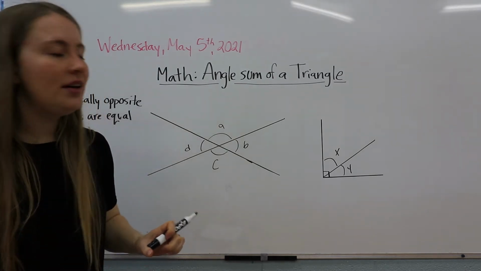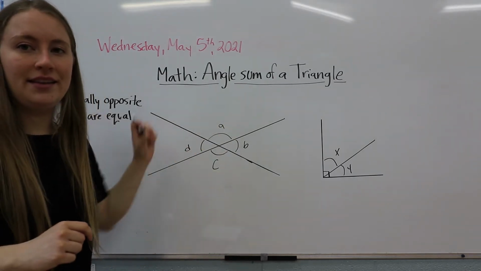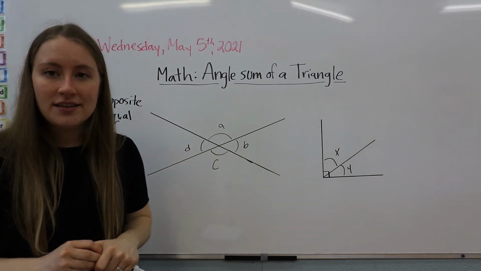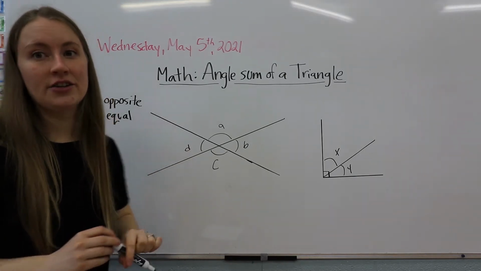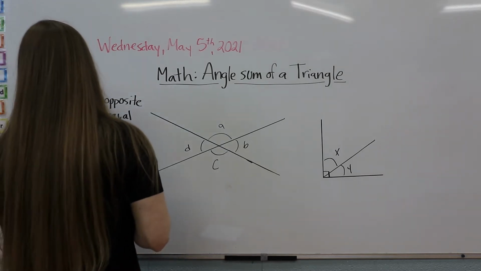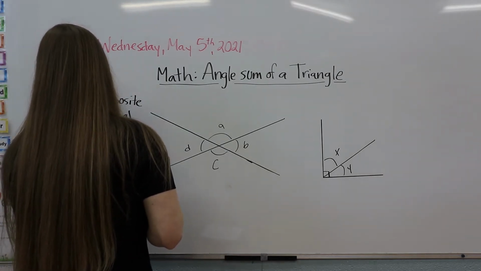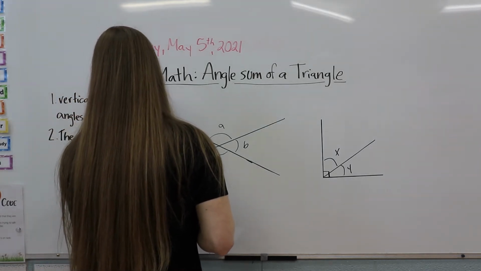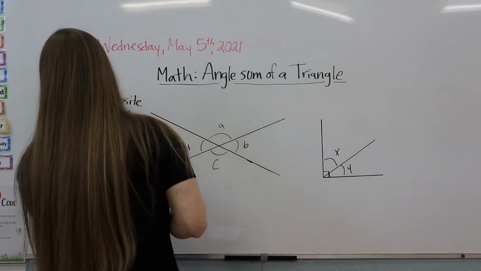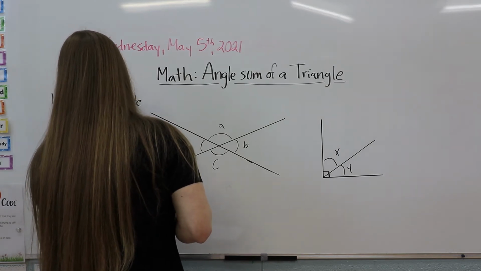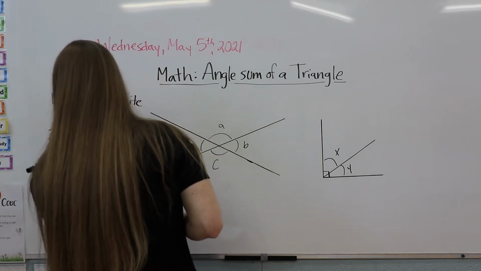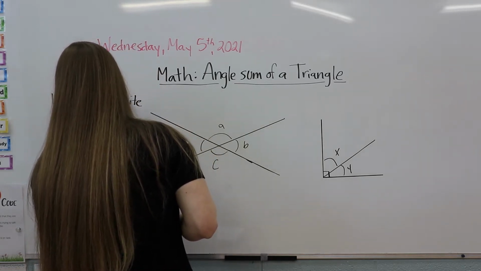The second rule that we know about this setup is that the sum of angles on a straight line is 180 degrees, okay? The sum of angles on a straight line is 180 degrees.